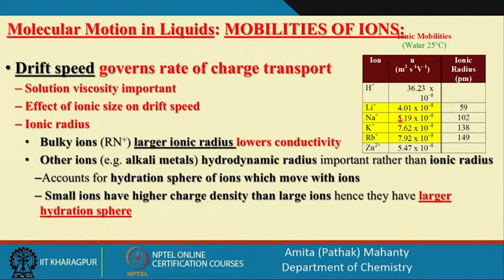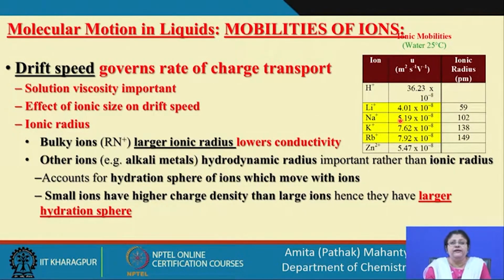This hydrodynamic sphere of ions moves with the ion when it is moving through the solution. Smaller ions have higher charge density than the larger ions, and hence a larger hydrated sphere, and hence a higher solvated radius. Okay.